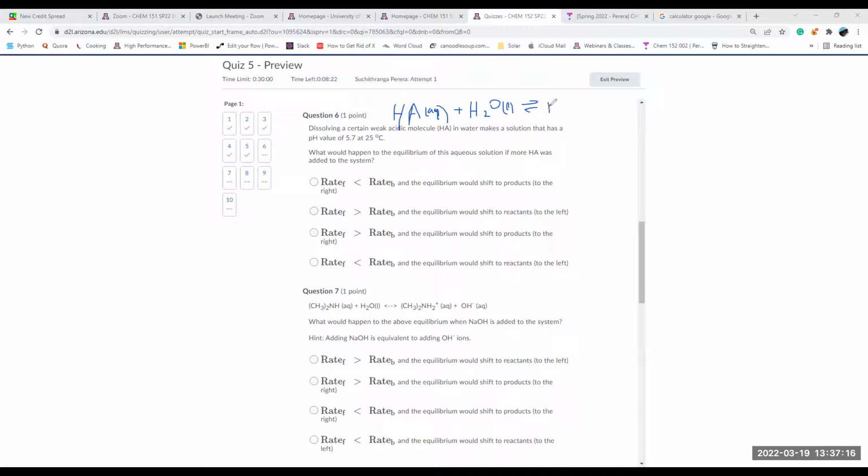We're going to have H3O plus generated, plus A minus.